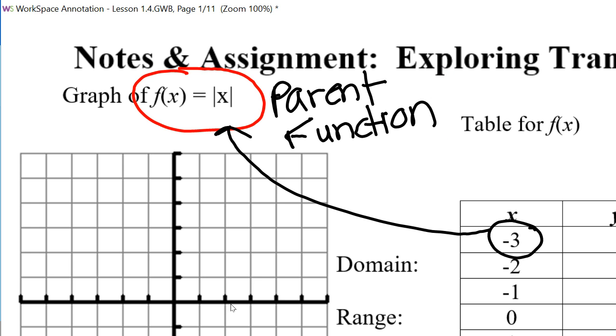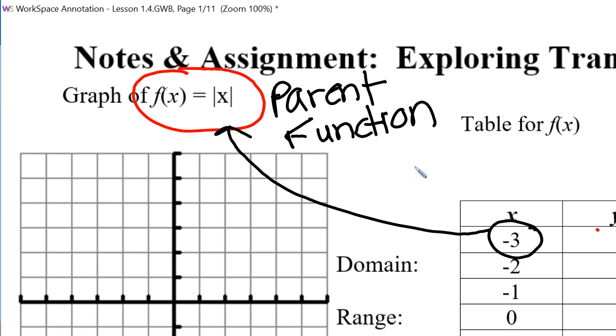If I'm looking for the absolute value of -3, I am looking for the distance from -3 to 0. So what is the distance? How many units apart are they on the number line? Here's 1, here's 2, here's 3. They are 3 units apart.